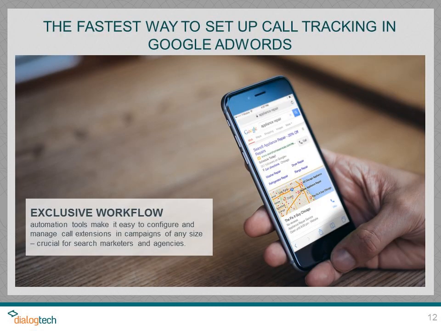What also is great about the DialogTech platform is that it also provides the fastest and easiest way to set up call extensions for Google. There is a single sign-on into the DialogTech platform. You provision numbers within our platform for your call extensions. The numbers are automatically sent over to your AdWords account.